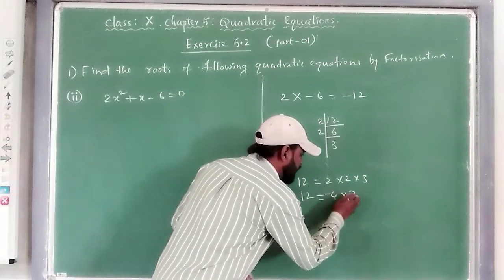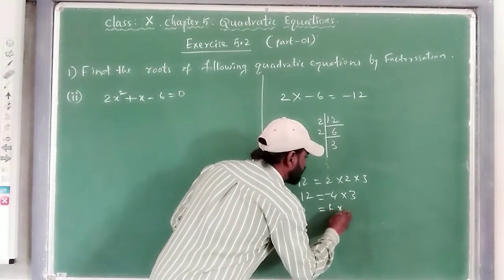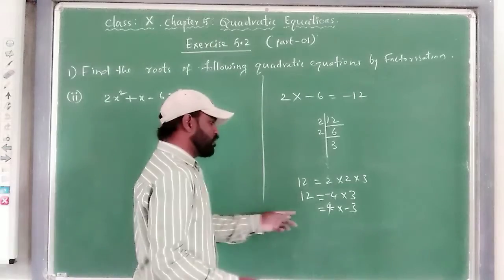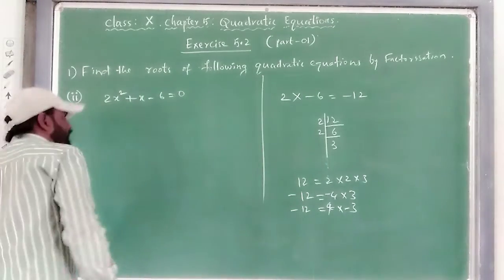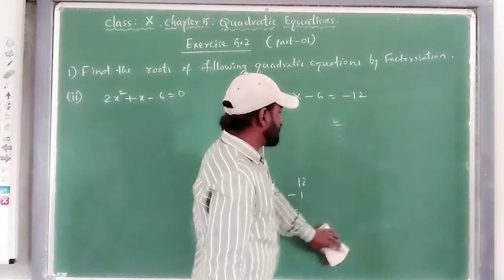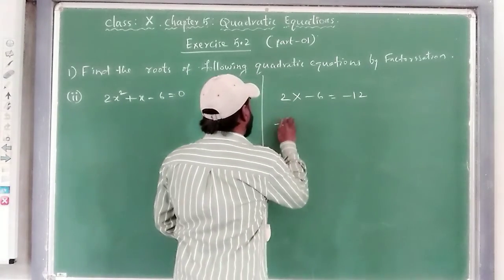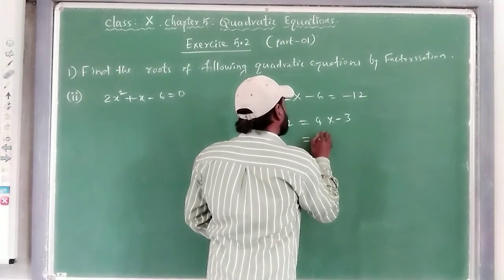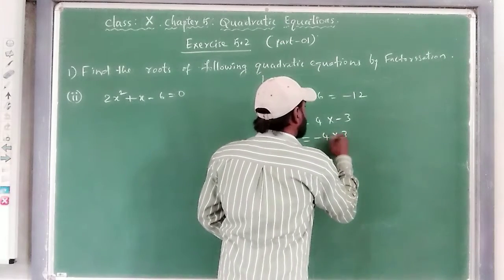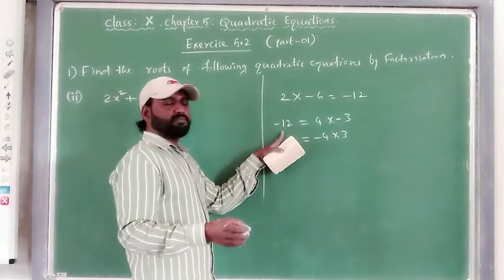Minus 4 into 3, otherwise 4 into minus 3 also. Both will give us minus 12.